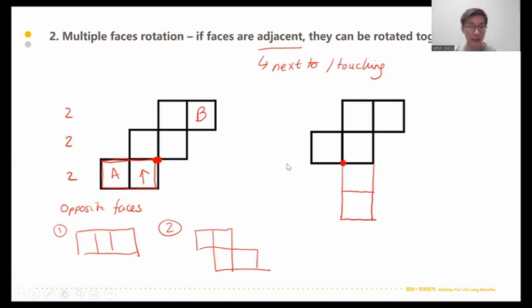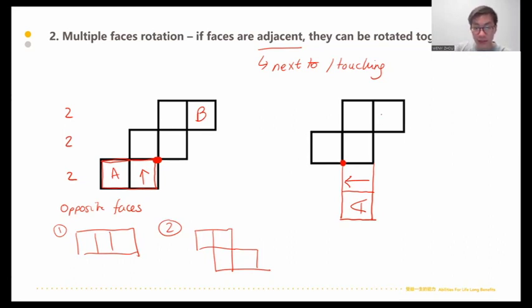So now, which way is the arrow facing? Well, I've rotated it like this, so instead of pointing upwards, it's going to be pointing this way. And similarly, the letter A is now going to be here, okay? So everybody hopefully understands that.